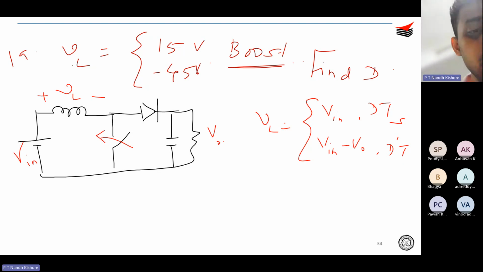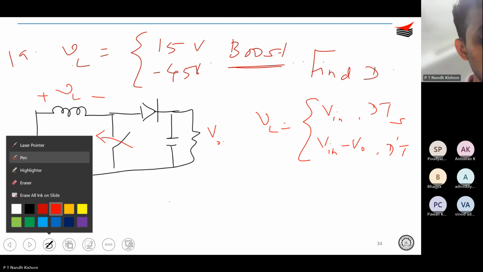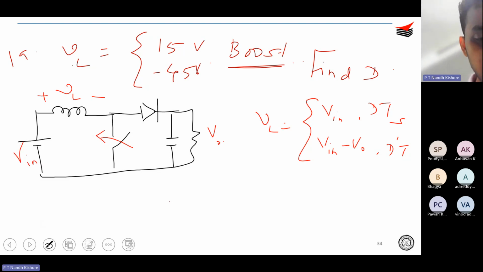In a boost converter, V naught is always greater than V in. That is why V in minus V naught is negative and you have minus 45 volts over here. So you just plug it in. V in is 15 volts, and V naught will be 60 volts, correct?